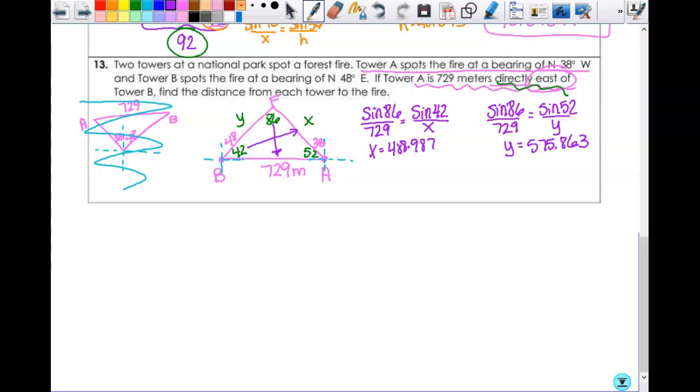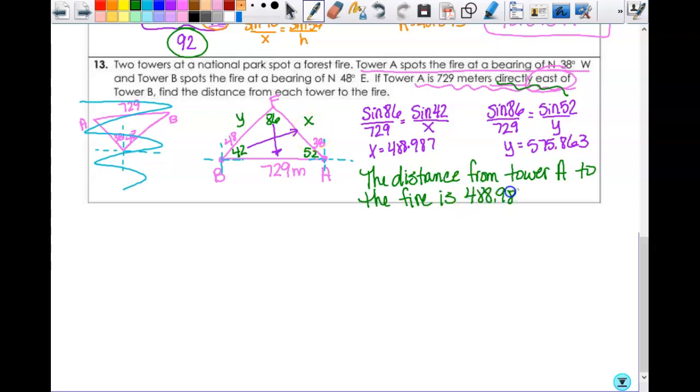Then to answer my question, I say that the distance from Tower A to the fire is, okay, so from Tower A to the fire, that was my X, so that's this, 488.987 meters.